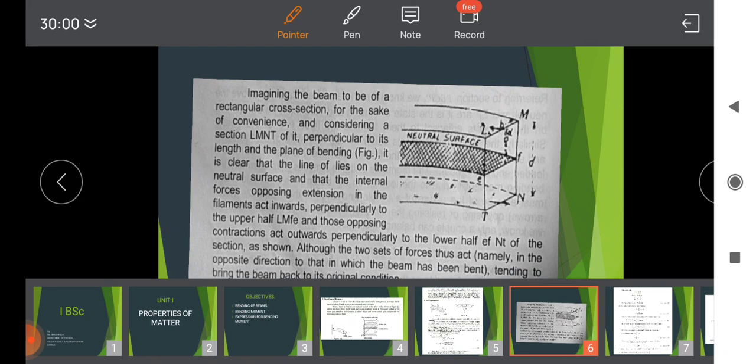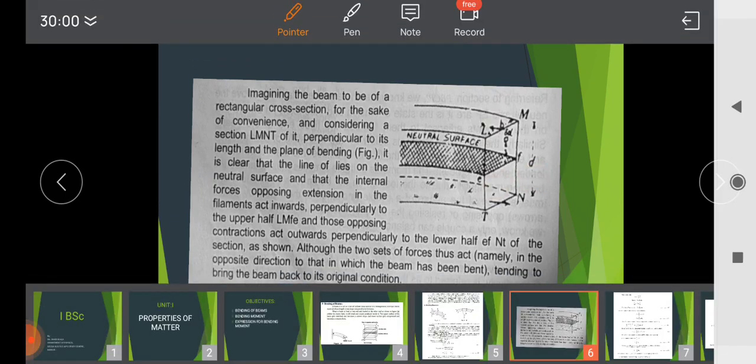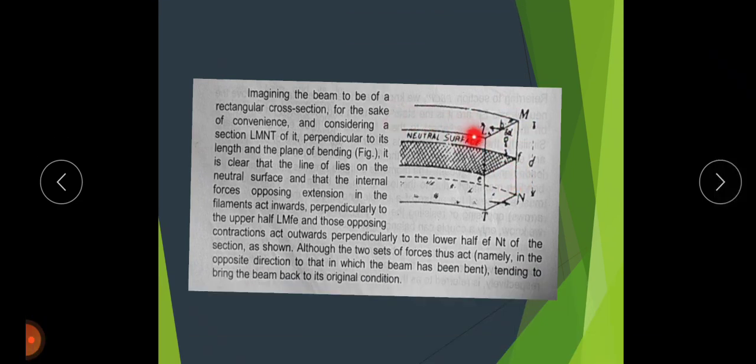For the sake of convenience, consider a section LMNT of the beam, which is perpendicular to the length and perpendicular to the plane of bending. It is clear that the line lies on the neutral surface.